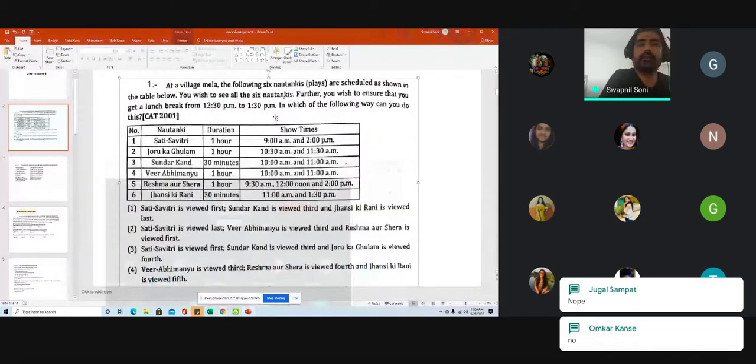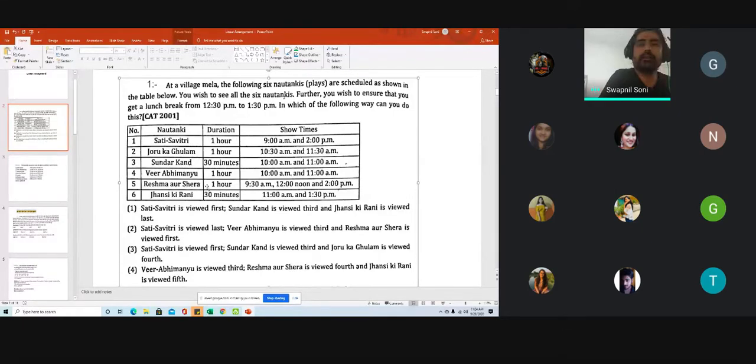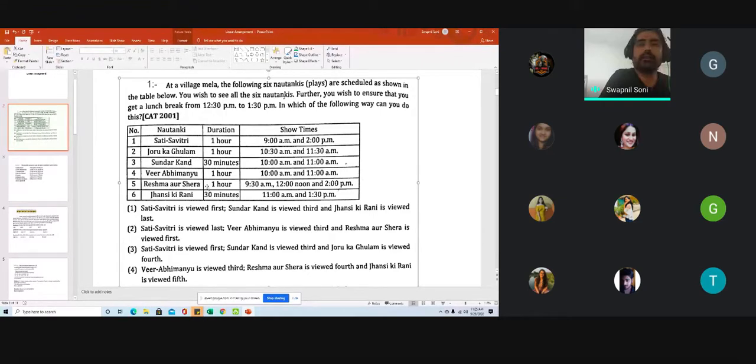So with that in mind, none of the options can be your answer. But again, as I said, there is a tendency of having this kind of thing in the exam. So if we have to mark an answer to this question, I will go with option 4, because at least I have a proper set possible to watch. The only thing is it's overlapping with my lunch time, but I can watch all 5 together.